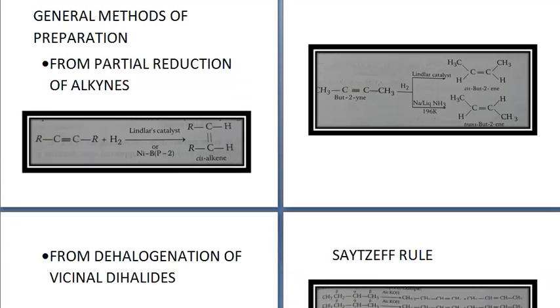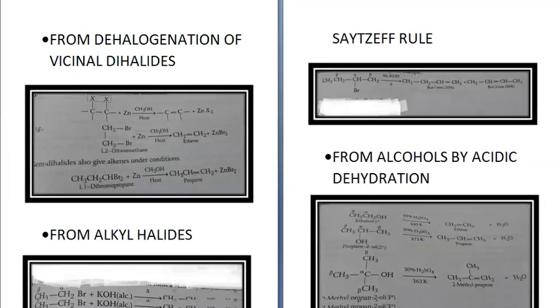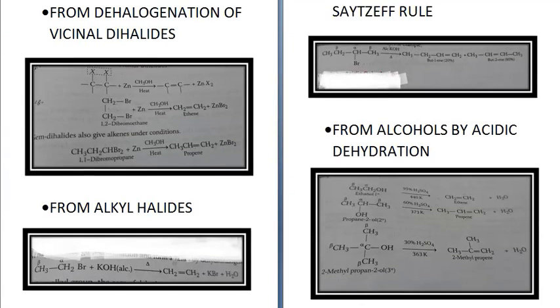Next method of preparation is from dehalogenation of vicinal dihalides. Now vicinal dihalides, they have two halogen atoms. So when you treat vicinal dihalide with zinc in presence of methyl alcohol and heat it, the two halogen atoms, they are removed, and you get alkene plus ZnX2.